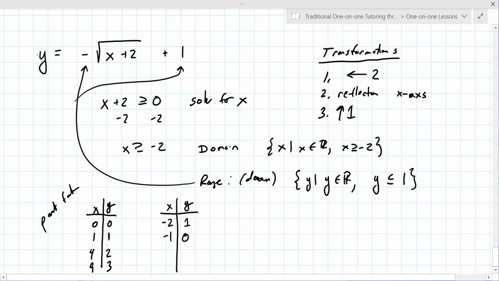Then the value of 4: you go left 2, that makes it +2. This 2 you negate, so it becomes -2 because you're reflecting over the x-axis. Then you go up 1, that's -1. And then the last point there is 7, and then -2.